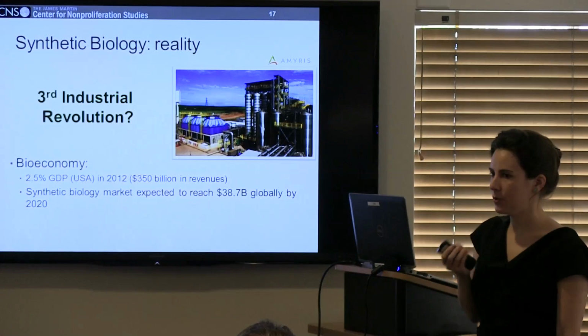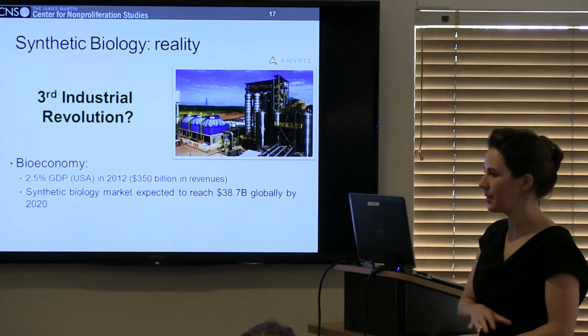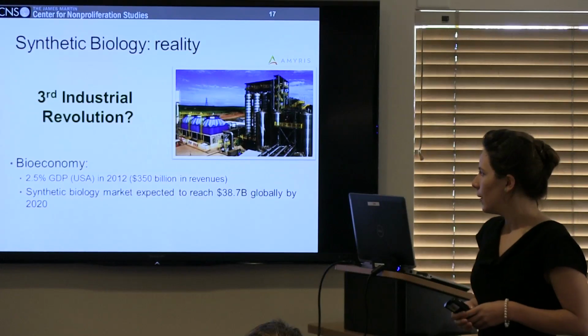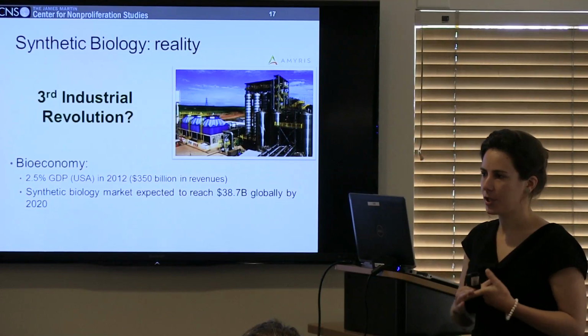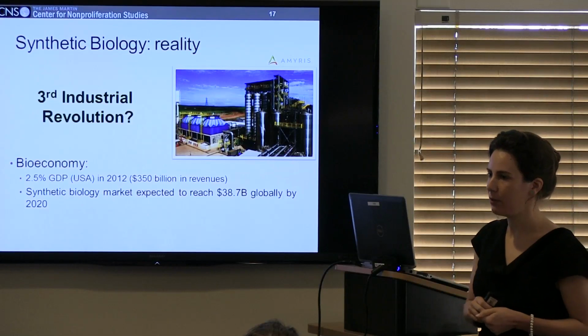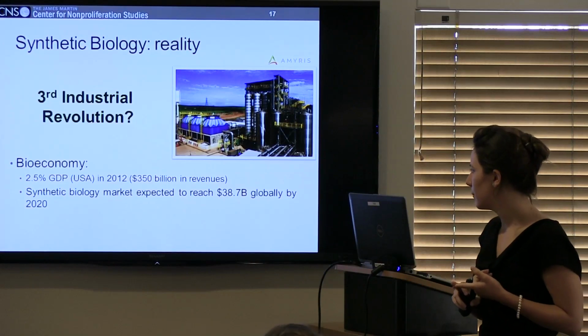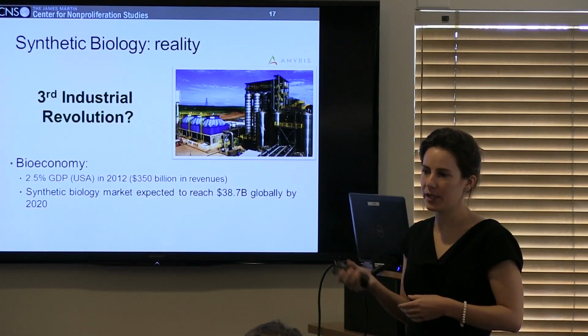So our economy is showing signs that we rely more and more on life sciences. The bioeconomy, which includes genetically modified organisms such as crops, was 2.5% of the GDP in 2012. And synthetic biology alone is expected to be 40 billion of revenue in the next 5 years.